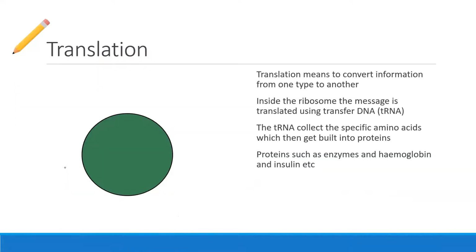The next part is called translation. Now, what does translation mean? Translation means to convert information from one type to another. So if I'm trying to translate something from English to, I don't know, French, I'm taking it from one language code to a different language code.